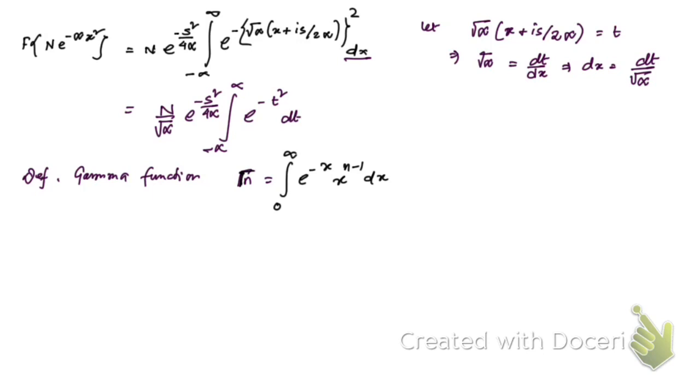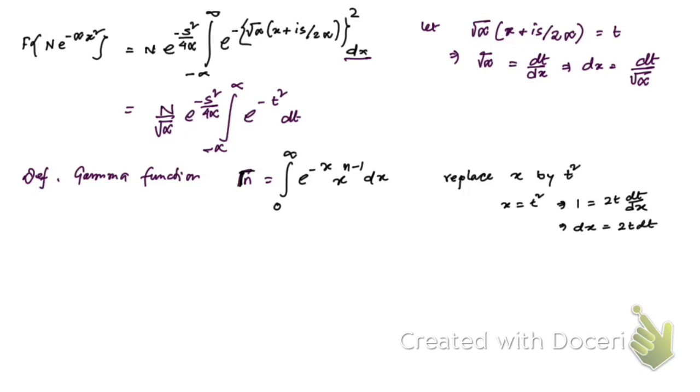Now here you see, if you replace x by t square, then x is equal to t square, and if you differentiate with respect to x, you get 1 equals 2t dt by dx, which is nothing but dx is equal to 2t dt. That's what you're going to have.